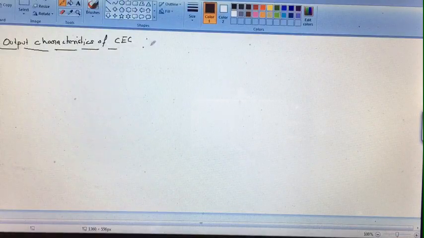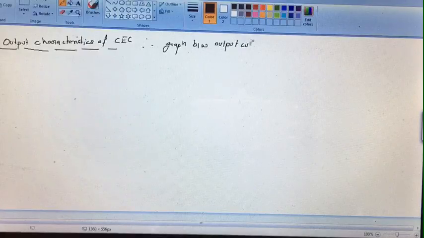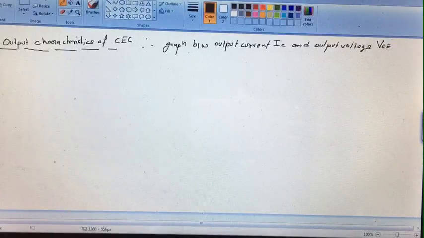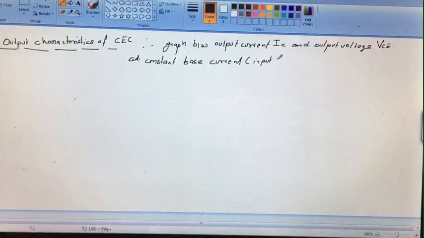Output characteristic is the graph between output current, that is IC, and output voltage, that is VCE, at constant base current, that is our input current. Okay.